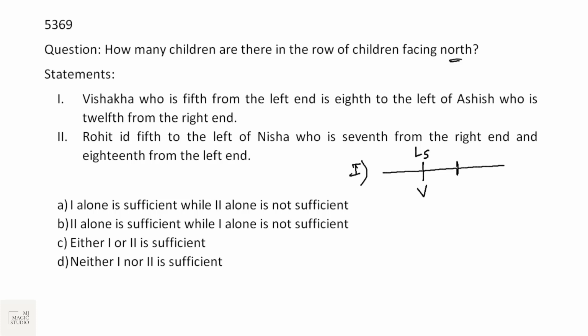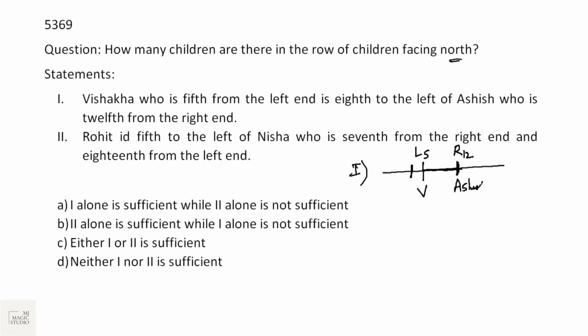So if we take 12th from the right hand is at position number this, and if there are 8 people to the left of Ashish till they reach Vishaka, we will get some other number of people in the row. And if we put 12 somewhere else, which is not possible because Vishaka is to the left of Ashish. That means this is correct.